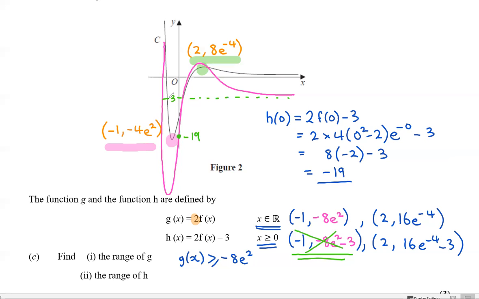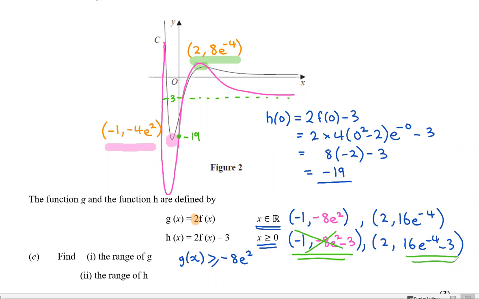We then have to consider an upper bound, okay? Now the upper bound is where our maximum is, okay? Now our maximum was at 2 and then it was at 8e to the negative 4, but remember we had to double it and then subtract 3, okay? So this maximum here is valid. We're going to have to include this in our range, okay?